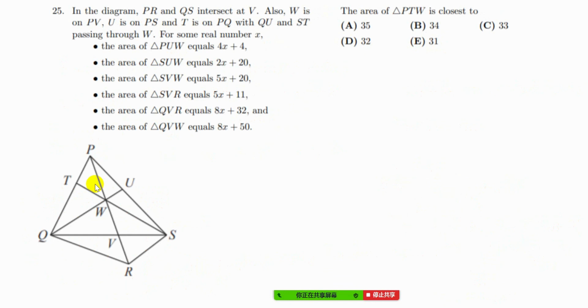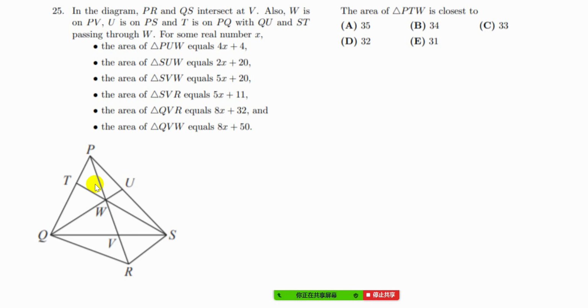Number 25. In the diagram, PR and QS intersect at V. Also, W is on PV, U is on PS, and T is on PQ, with QU and ST passing through W. For some real number x, the area of triangle PUW equals 4x plus 4. The area of triangle SUW equals 2x plus 20.